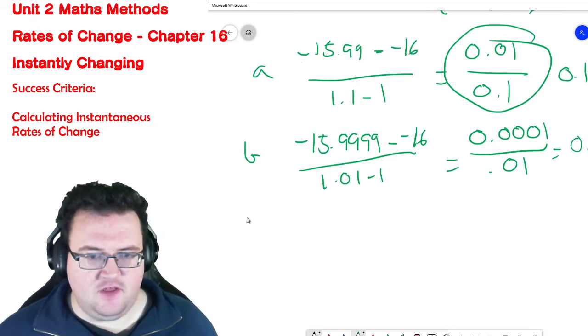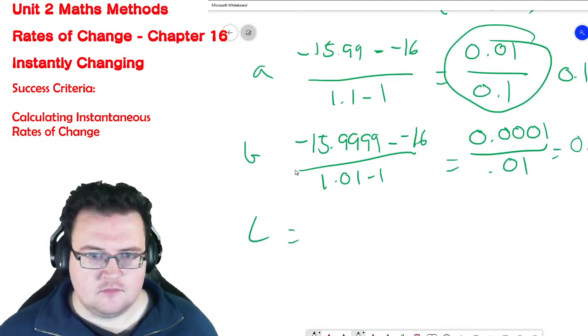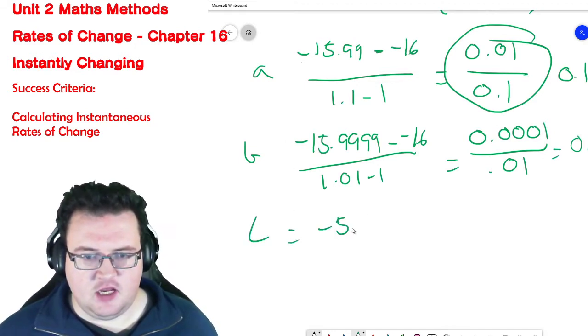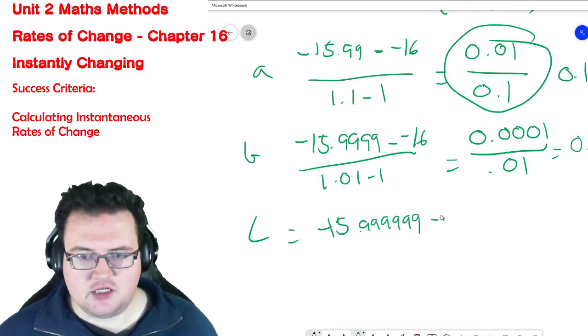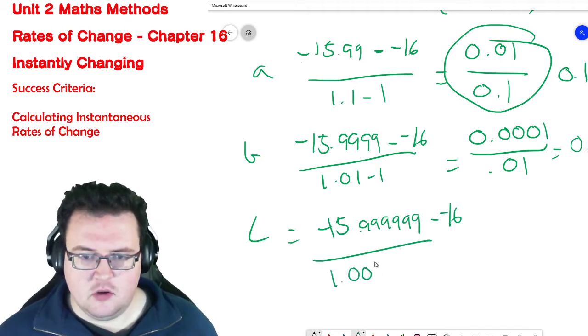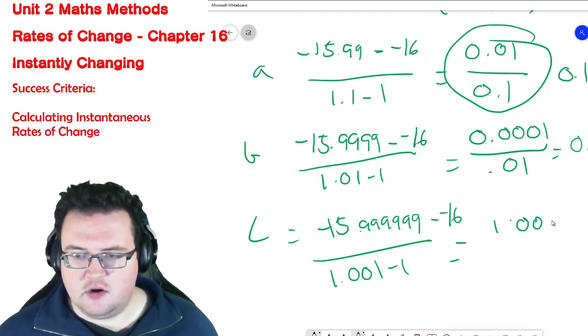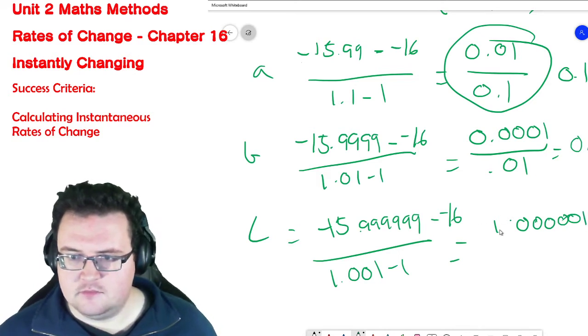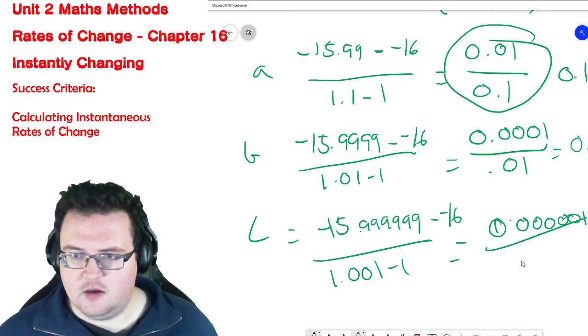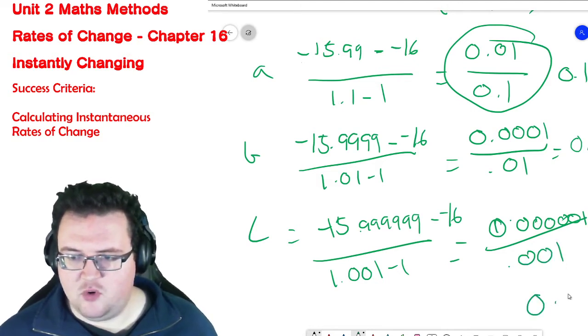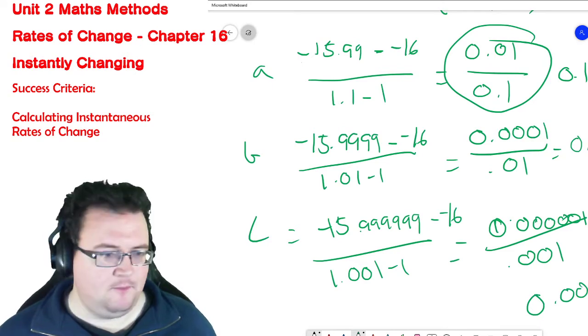And then C for the coup de grace, negative 15.999999 minus 16 over 1.001 minus 1 is going to be equal to 0.00001 over 0.001, which is going to be 0.00001.